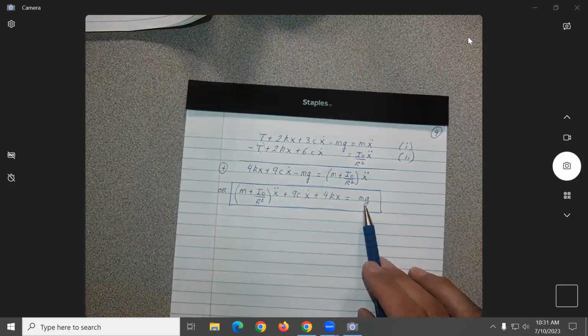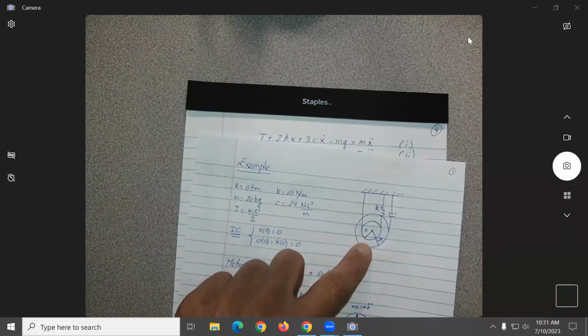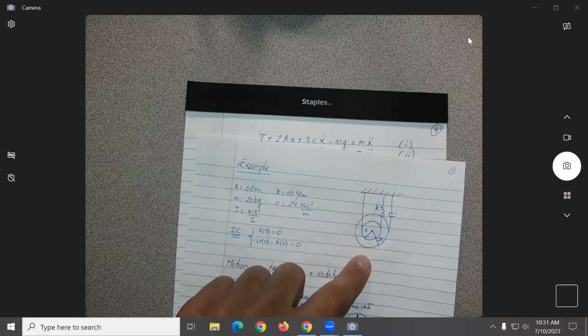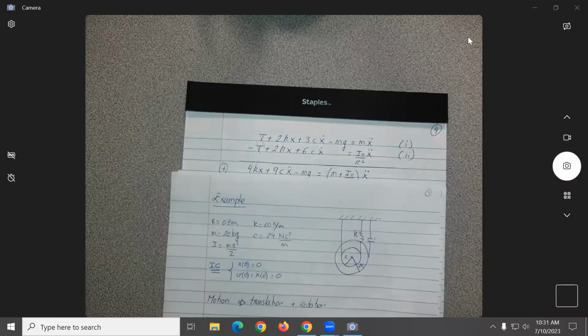We need to do a change of variable, no? Which physically will represent that we write this equation from the equilibrium position. So we first need to find what should be the deformation of this when you just leave it hanging under its weight. But before we do that, let's look at this equation.